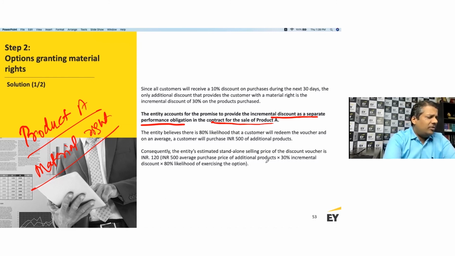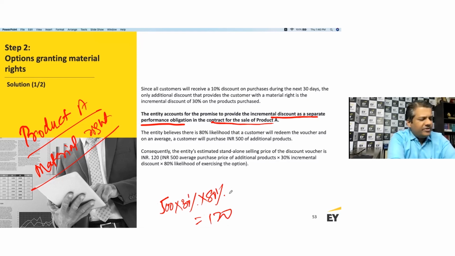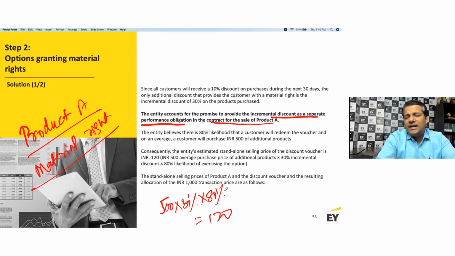The value of the material right is nothing but 500 into 30% into 80%. 30% of 500 is 150, and 150 into 80% is 120. So that is the value of the material right. The standalone selling price of product A is 1,000. The standalone selling price of the material right is 120.